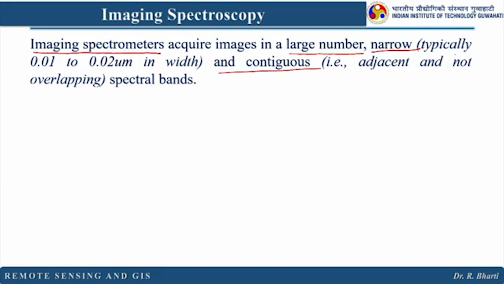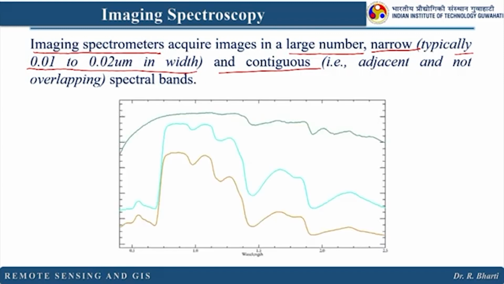Typically it is in the order of 0.01 to 0.02 micrometer in bandwidth, right. Just imagine how small they are. Once you have that, you can definitely capture all the information coming from the surface, and then you are able to identify all the absorption features produced by your target.